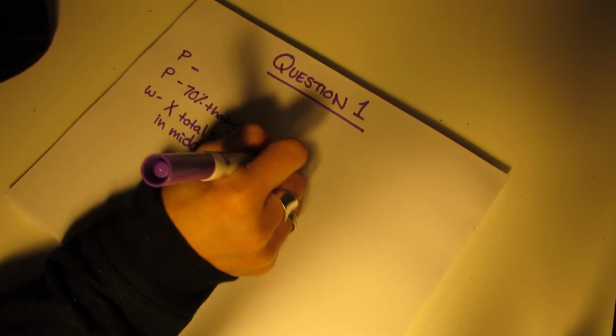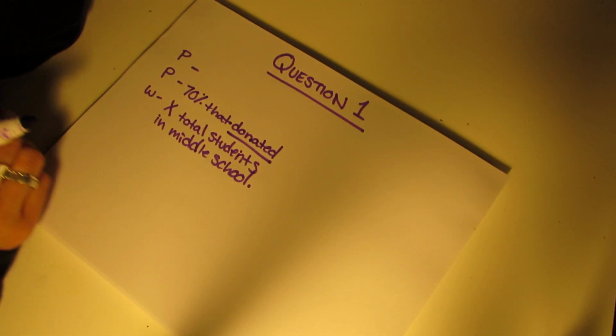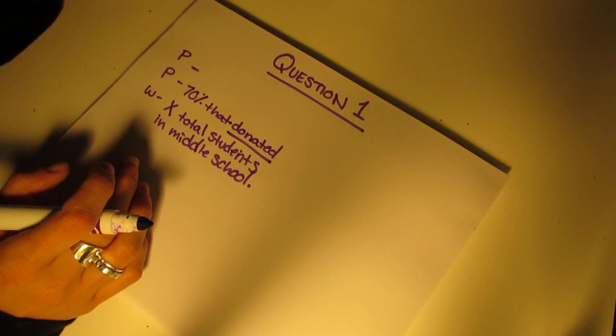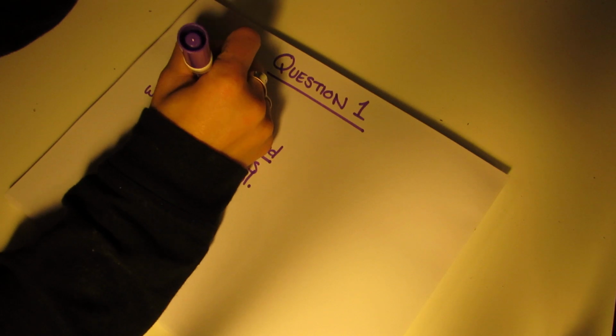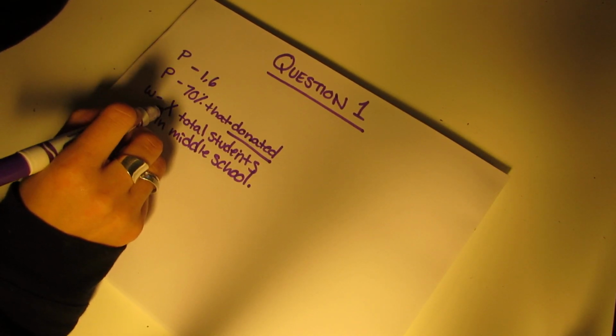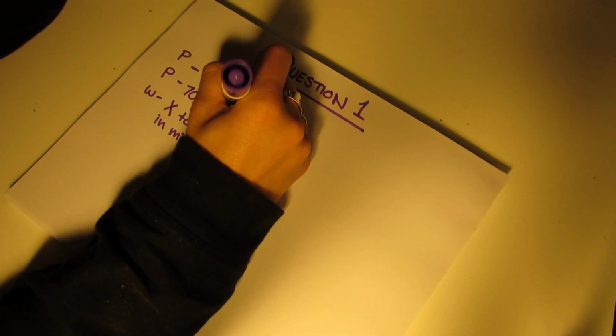Okay. Now I'm going to go ahead and add the other section of our word problem. It says 1,610 students that donated. Okay. So that's also a part, and I'll explain why. Because right here we're solving for the whole. So no other number can replace that whole. Meaning this must be our part.